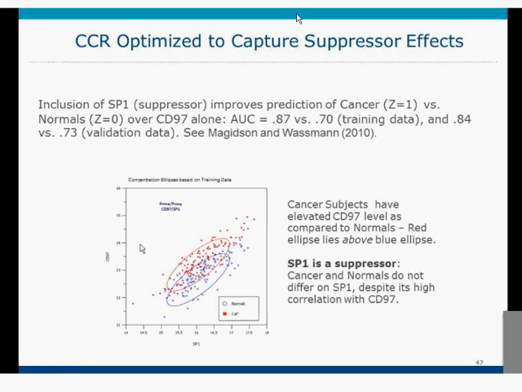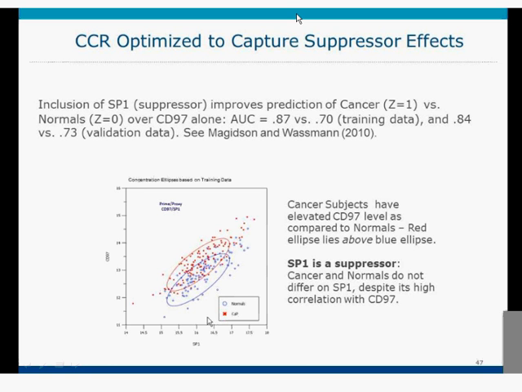You can see that by taking a line at the mean of CD97, which is 13, and if you use that to predict whether somebody has cancer or not, you'd see that you're predicting a number of the reds you're getting correct. They're above the line, and a number of blues are correct. They're below the line.